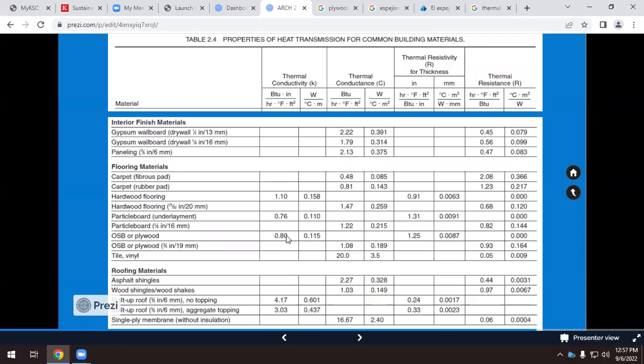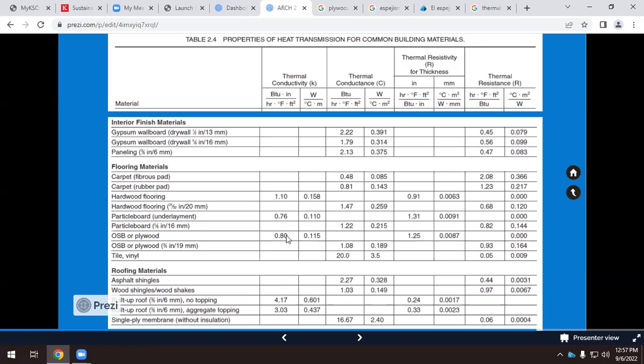Materials that are not thermal insulating are above 1. Good materials in terms of thermal insulation are between 0.5 and 1. And materials that are really thermal insulating are 0.0 something.